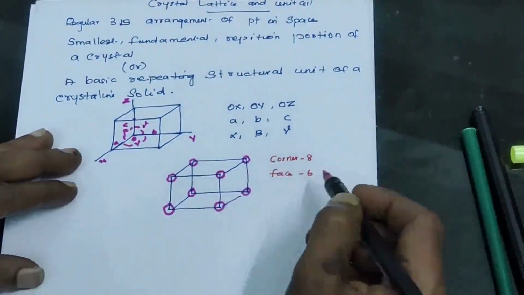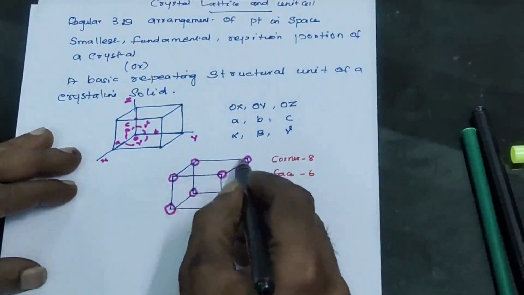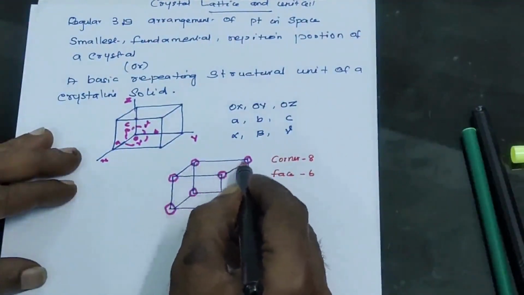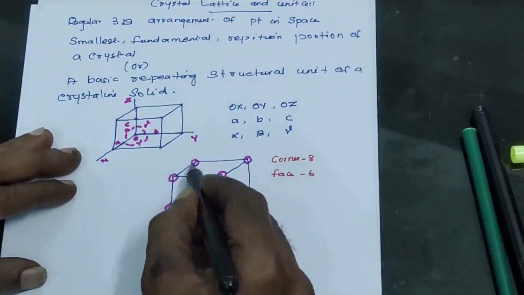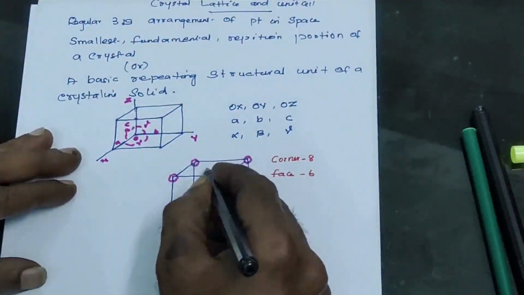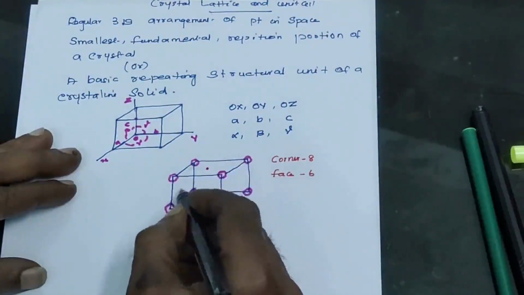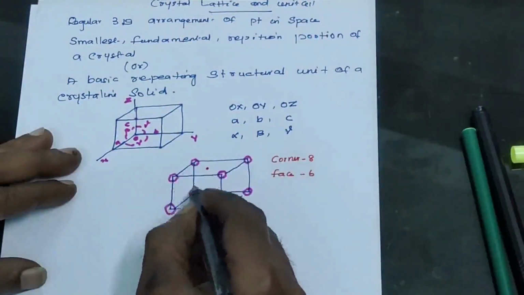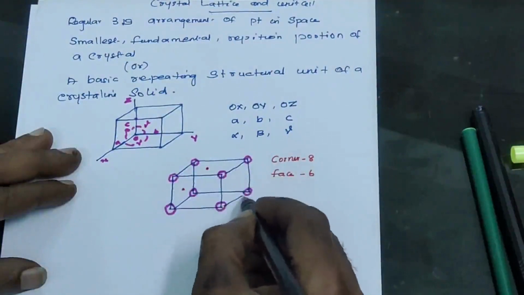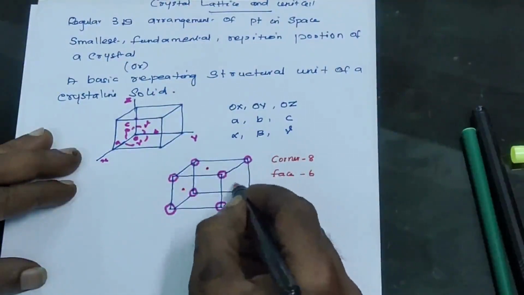A face means the planar surface of the crystal. Here, this rectangle is one planar surface. Then the left side, one planar surface, 2. Then the right side, 3.